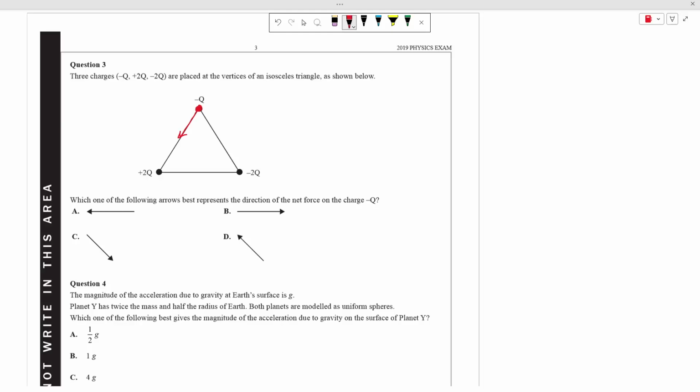The force due to the negative 2Q charge, well, that's repulsive, and it would repel away in that direction, okay? And because these two are the same magnitude, these arrows have the same lengths, and so if you've got an arrow pointing up like that, add it to another arrow pointing down like that, same magnitude, there's your resultant. Okay, so the net force is pointing to the left there, so that's option A.